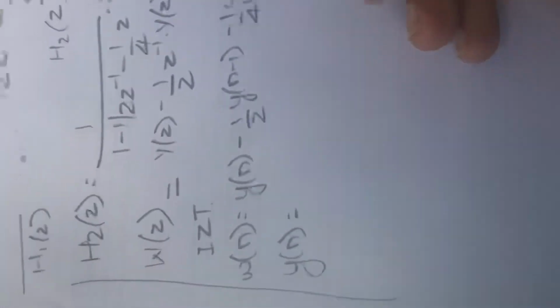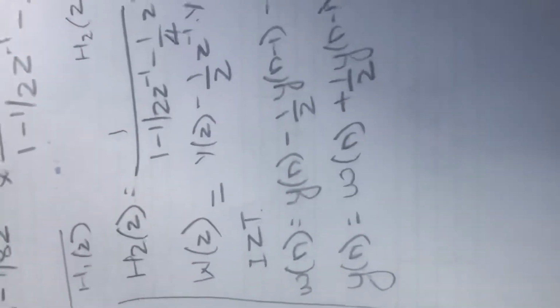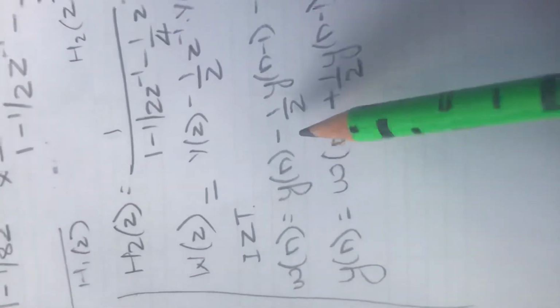What we can do is take y of n on one side, and the rest of the terms on the other side. Output we will keep as y of n. So it will be W of n plus half y of n minus 1 plus 1 by 4 y of n minus 2. I have just shuffled the terms. Now I have given the expression in terms of y of n.